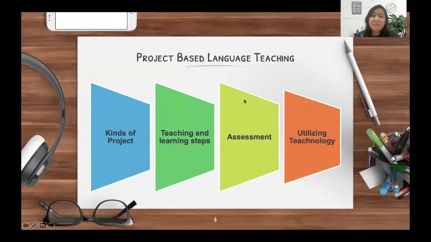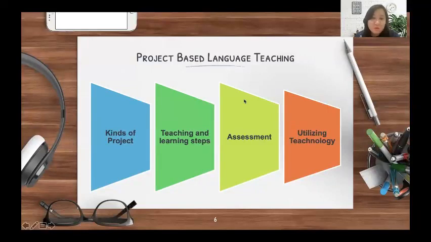Among teaching steps proposed by some theorists, the steps proposed by Patent 2012 are suitable to be implemented in teaching language, because there is an exhibition in the steps proposed by Patent 2012.